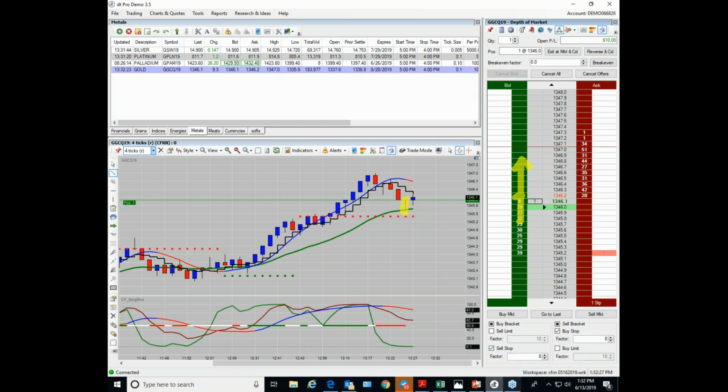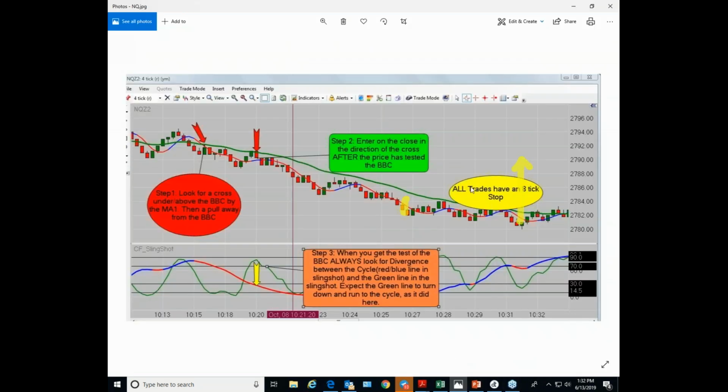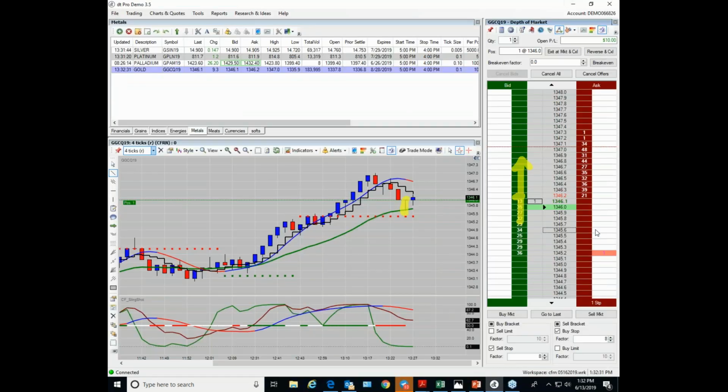What did I say earlier? Every trade has an 8-tick stop attached to it, right? If I put the number 8 in there as a factor, it will automatically place a stop loss right behind the trade as soon as I get into it. It puts it 8 ticks away. So that's one less button to push.